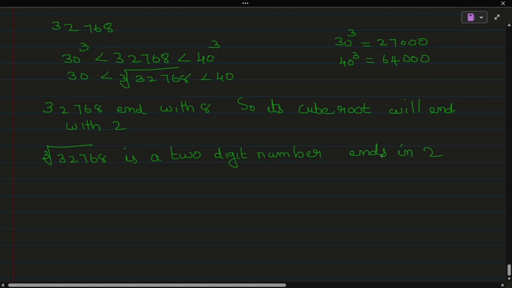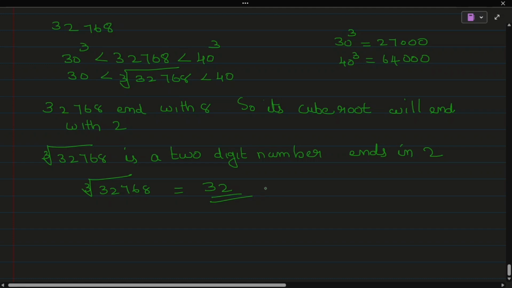Since it is a 2-digit number between 30 and 40, you can guess the answer. Answer is 32. Between 30 and 40 is the number, and the last digit is 2. So the answer is 32. So these are the solutions of question number 4.